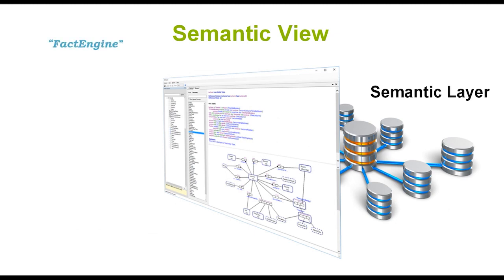FactEngine comes as a natural language and controlled natural language query engine, and we've been doing controlled natural language and natural language queries well before it became a thing just recently with large language models.